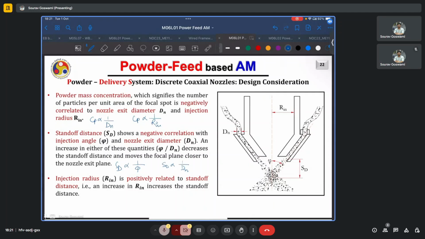An increase in either of these quantities decreases the standoff distance and moves the focal plane closer to the nozzle exit plane.